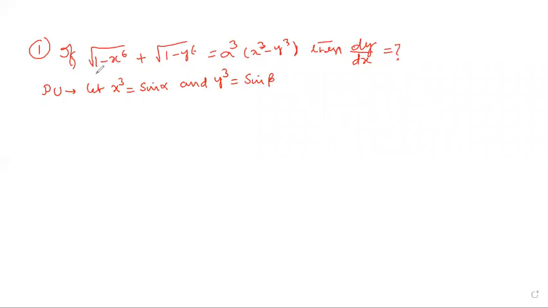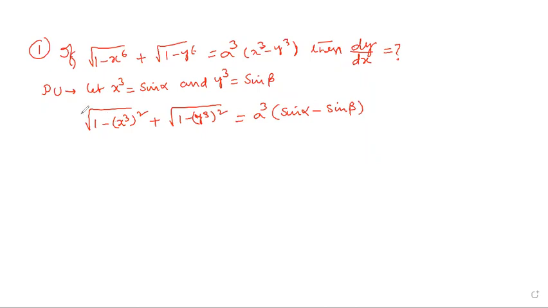Then it will become root over 1 minus x cube whole square plus root over 1 minus y cube whole square is equal to a cube. X cube means sine alpha, y cube means sine beta.